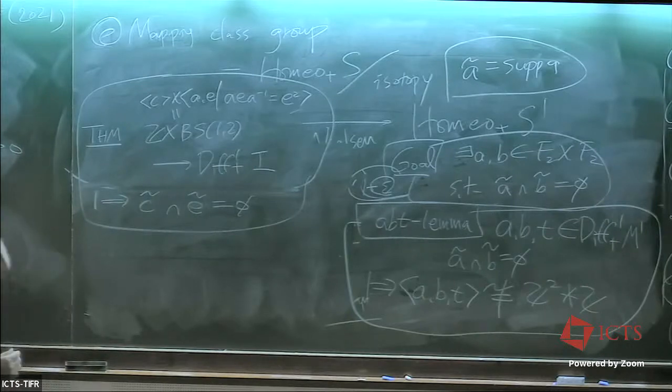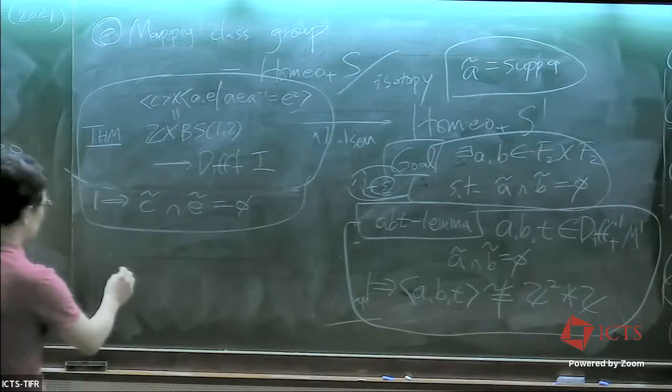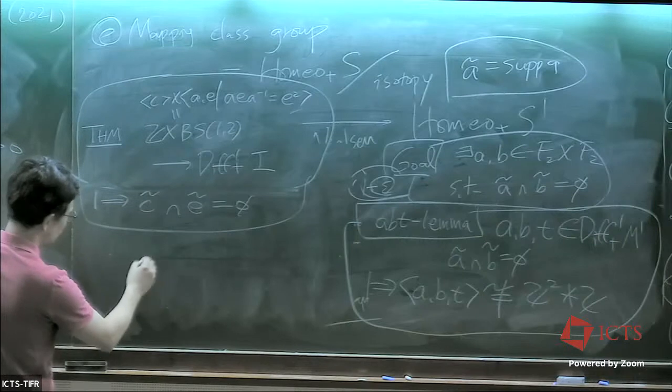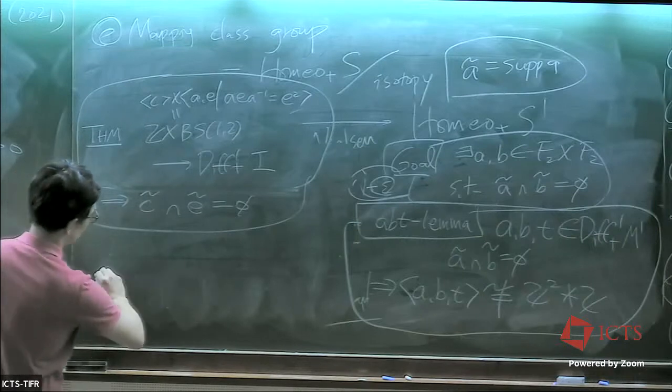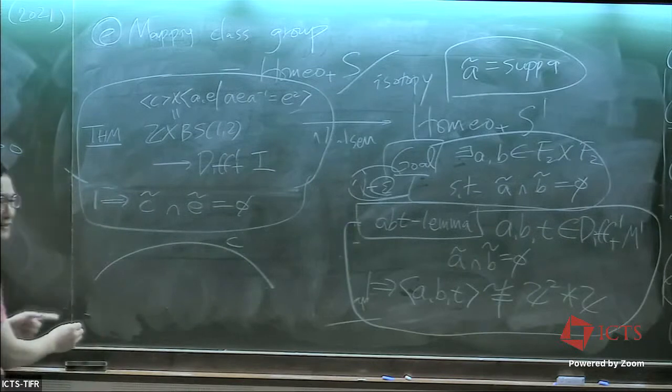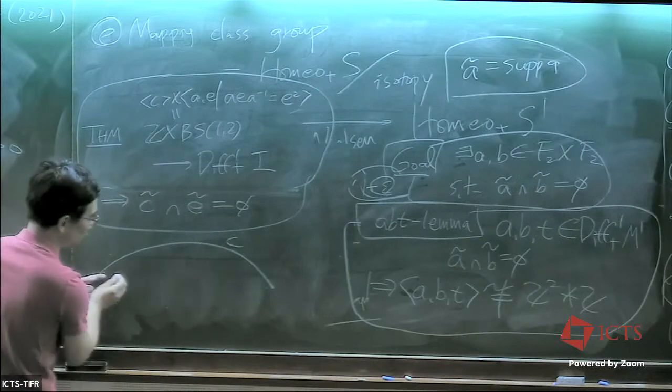And why is this happening? Well, assuming they intersect, then you can reduce the situation to such a thing that you have C acting on a certain interval without fixed point. So like C is pushing everything to the right.